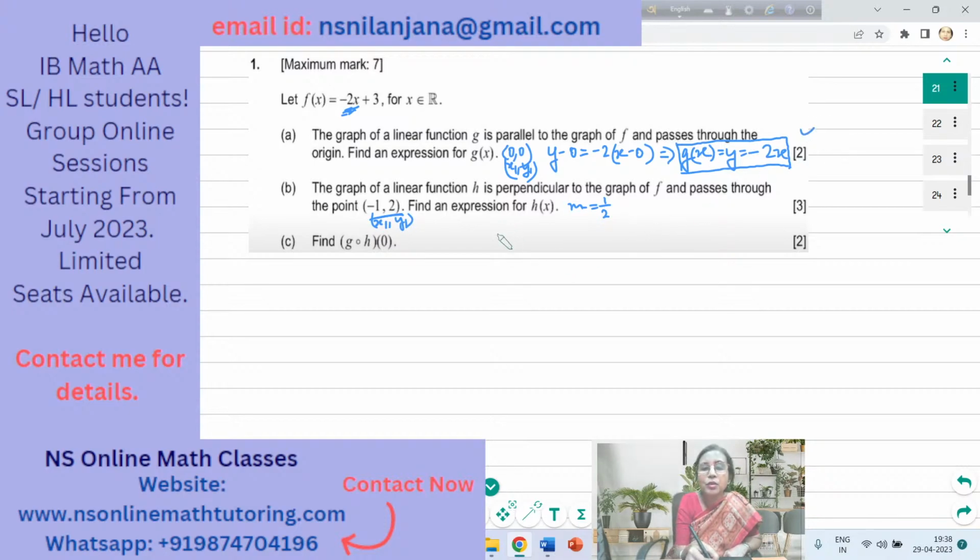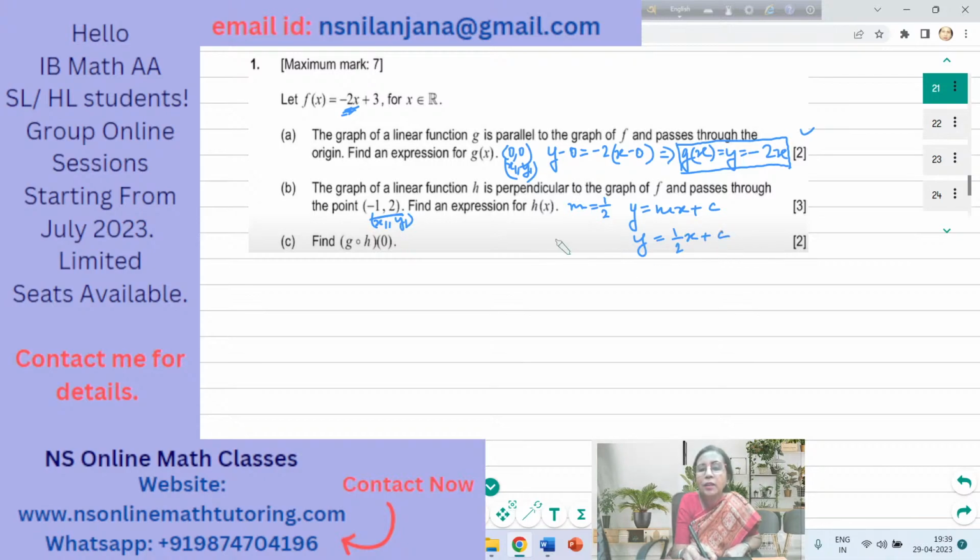Earlier I used y minus y1 equals m times x minus x1. So let me just write y equals mx plus c first of all. And y equals m is half, x plus c.